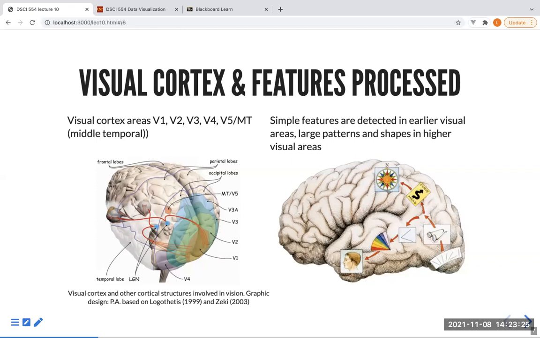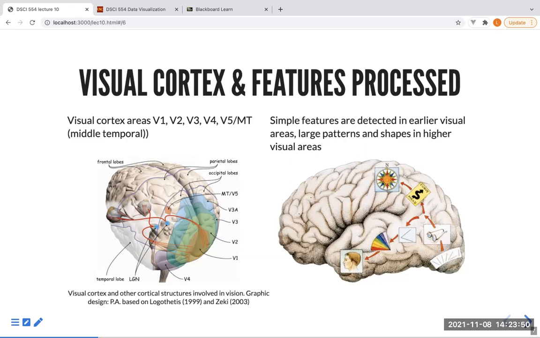But aside from those particular areas, you see that it's mostly concentric areas between V1 to V4 that comprise most of the visual system areas.